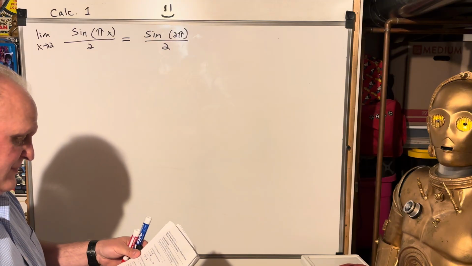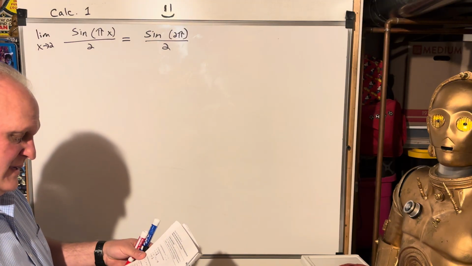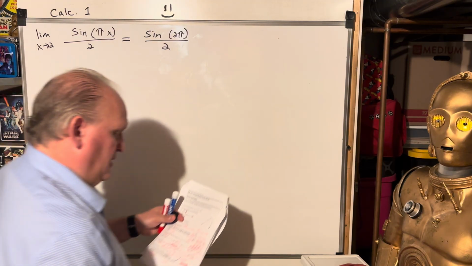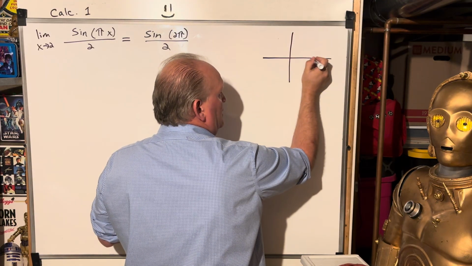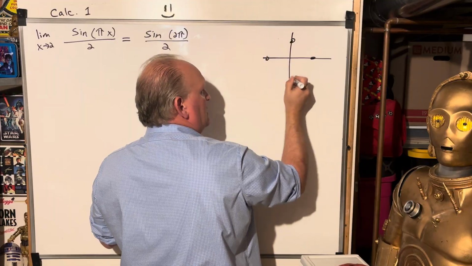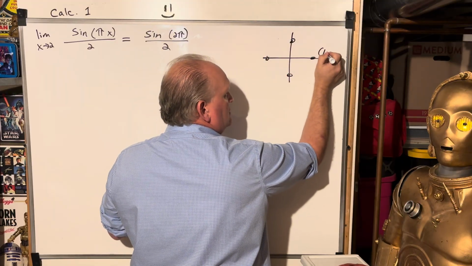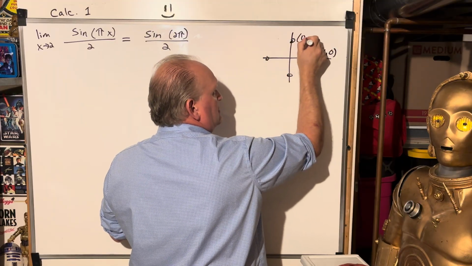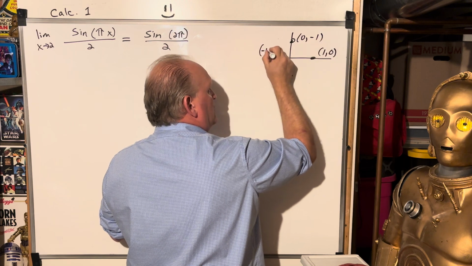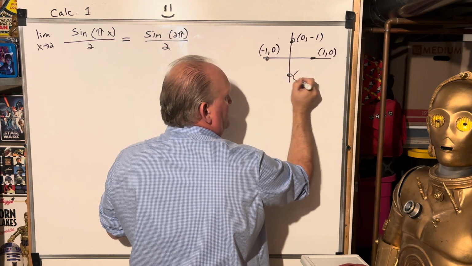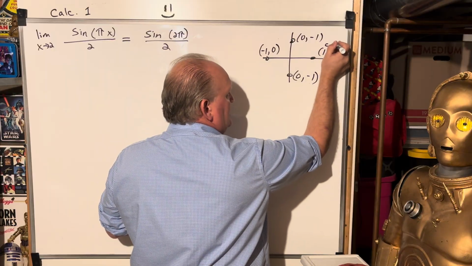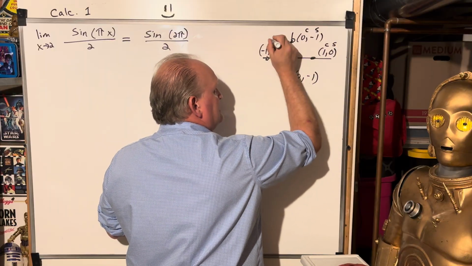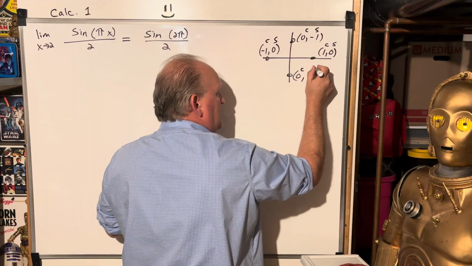And that's going to be a quadrantal angle, right? Remember our unit circle, going around a little unit circle. So we got 1 comma 0, we got 0 comma 1, we got negative 1 comma 0, and we got 0 comma negative 1. And then remember coleslaw, CS, CS, CS, CS.